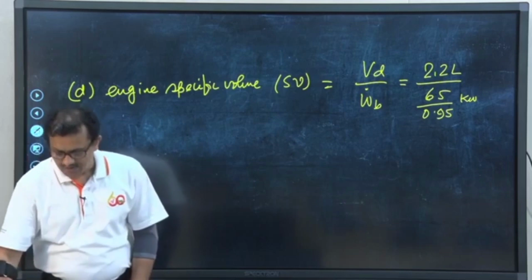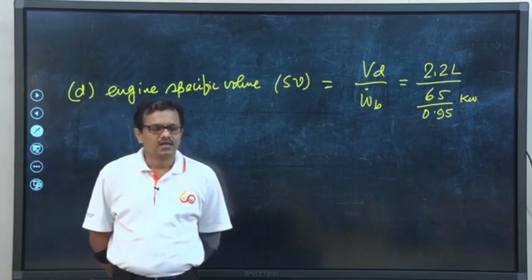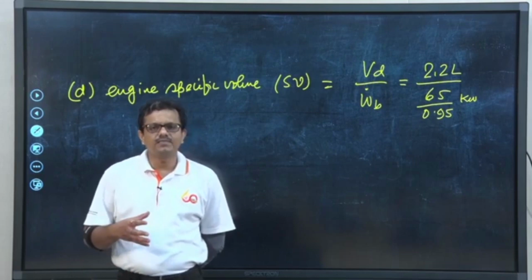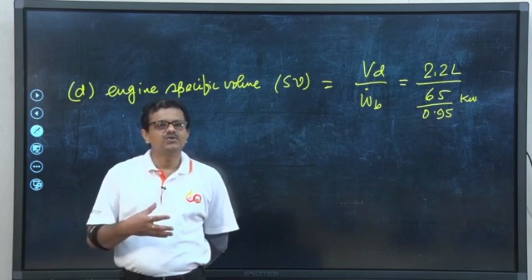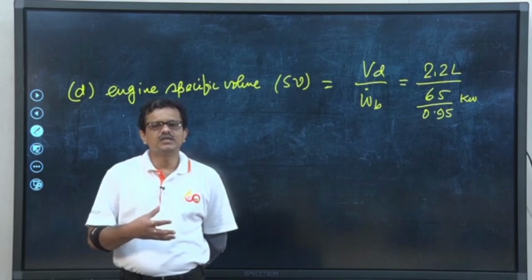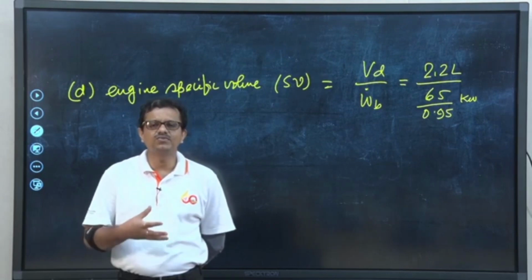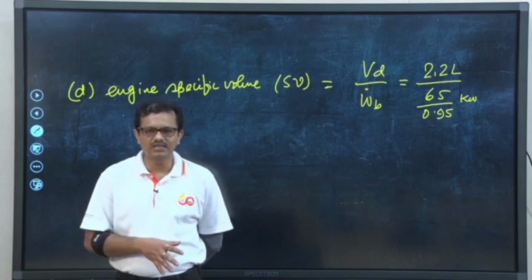So, to summarize today's discussion, we have discussed several parameters that are directly related to engine performance, those very often used to measure the performance of the internal combustion engine.